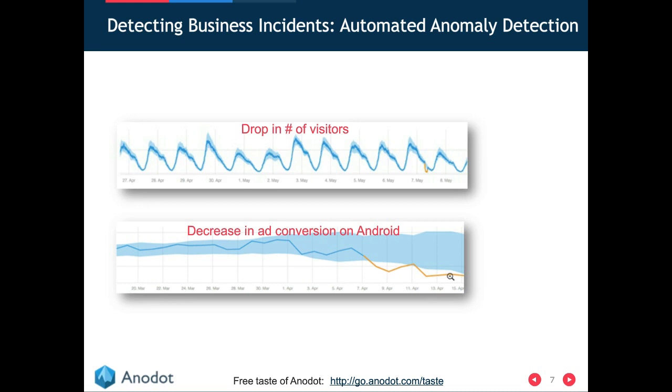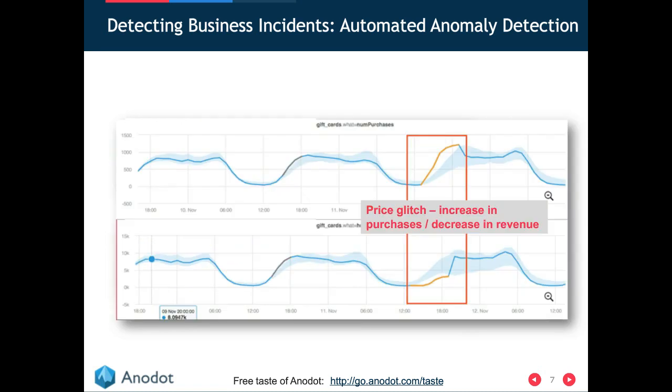Of course, sometimes looking at a single metric and detecting anomalies in a single metric is not enough to understand what is going on. So here's an example of a price glitch where the top graph measures the number of purchases done for a particular product, and the bottom graph shows the revenue obtained from the purchases of that product.